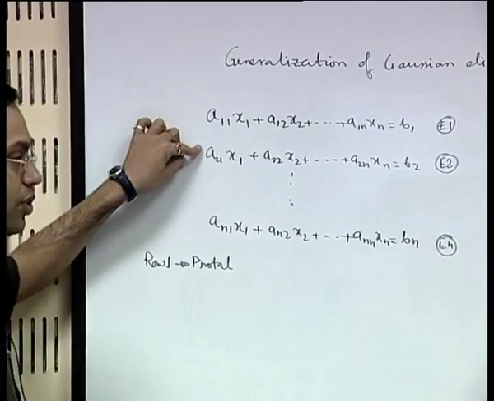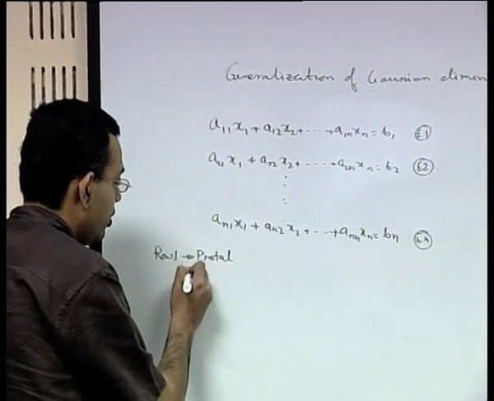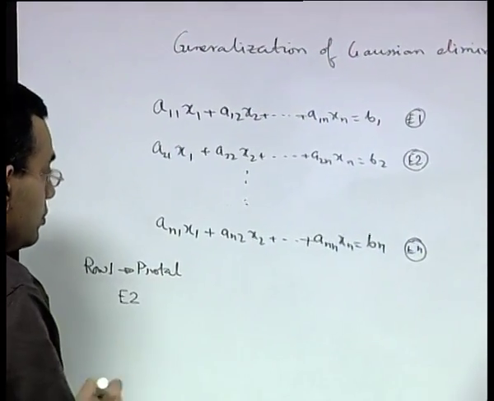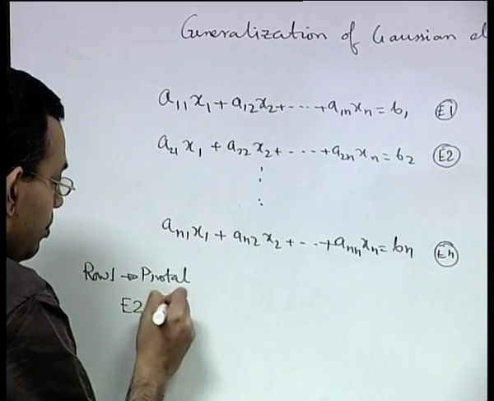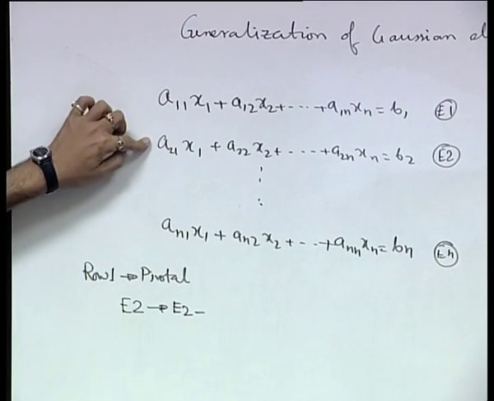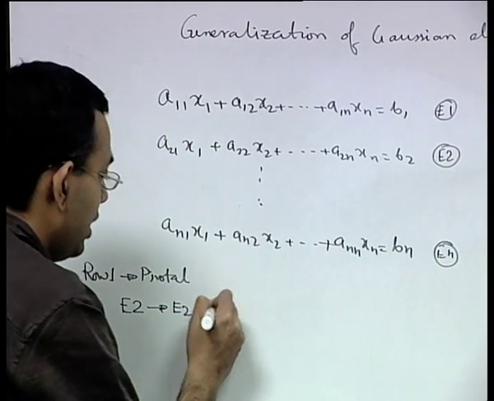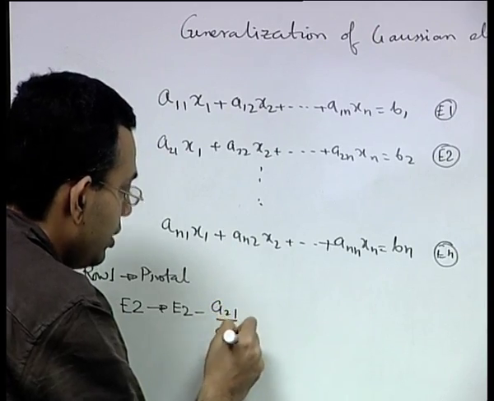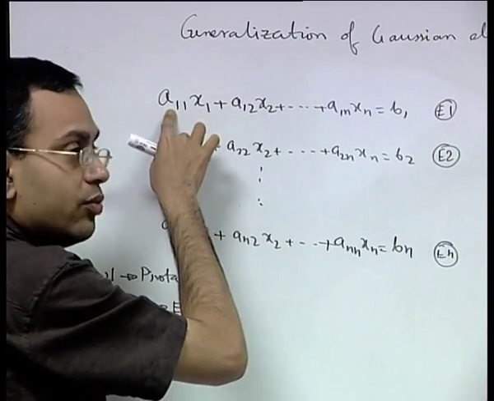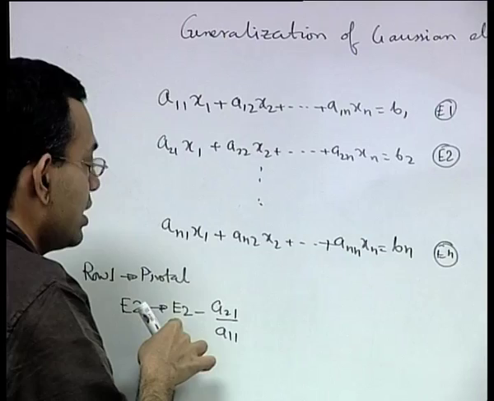So zeros before the first column of the diagonal, how you can do that? You have equation 2 will be equation 2 minus, see the first row. So how it can be eliminated? By a21 by a11 into a11 will make it a21. So that minus a21 will be 0.